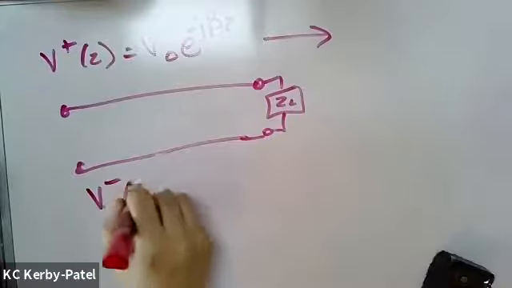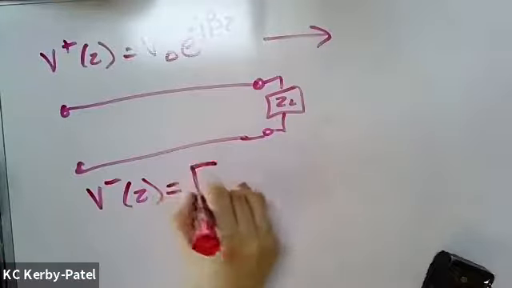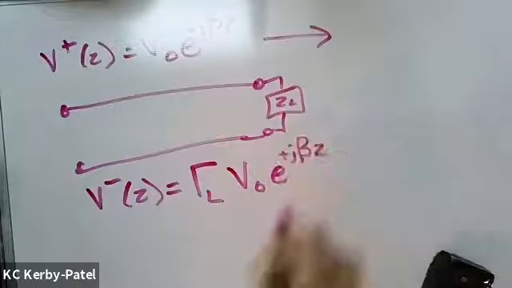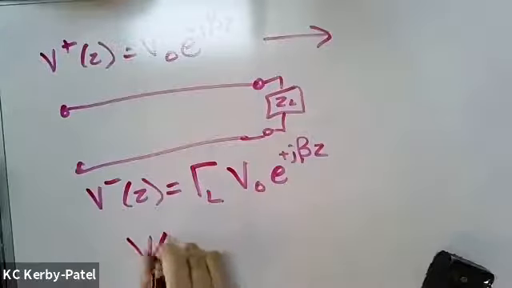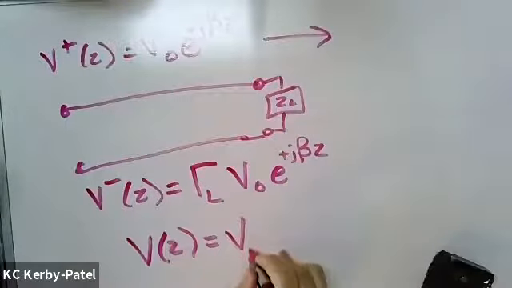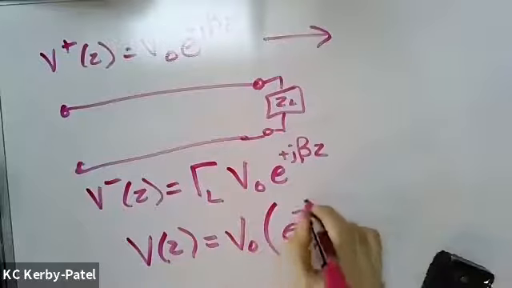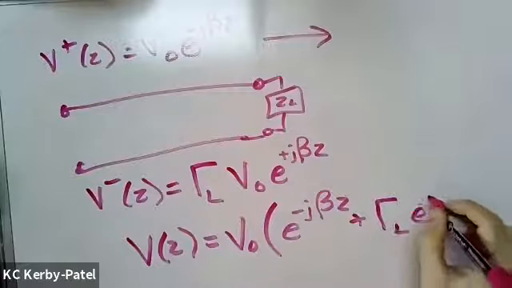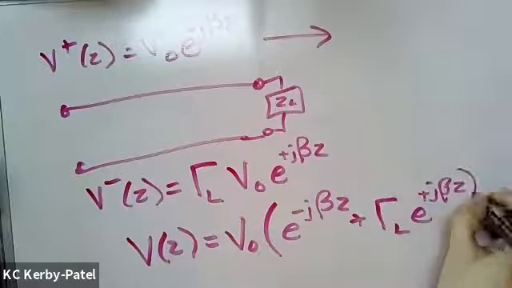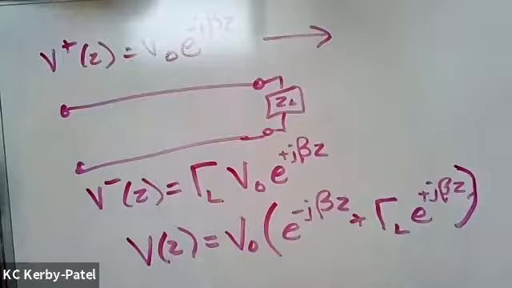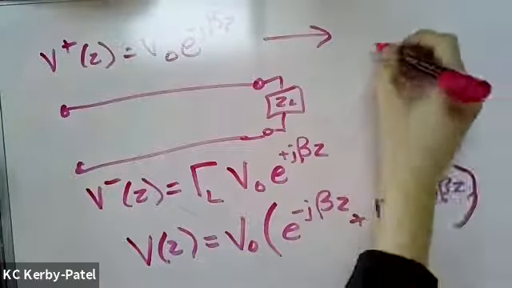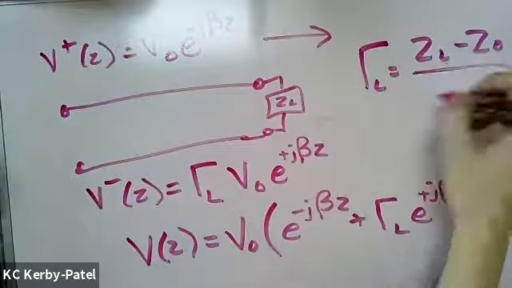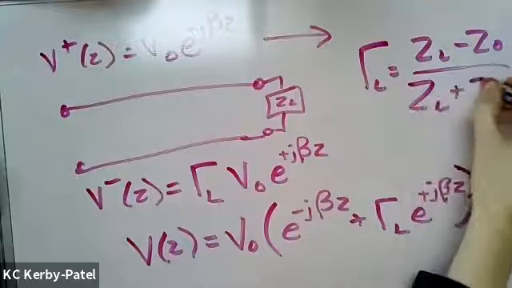That minus going voltage wave is going to look like the reflection coefficient at the load times V naught times e to the plus j beta z. So your total voltage as a function of position is going to be V naught times e to the minus j beta z plus gamma L e to the plus j beta z, like that. And gamma L, just like it was before, is the load impedance minus the characteristic impedance divided by the sum of those two things.